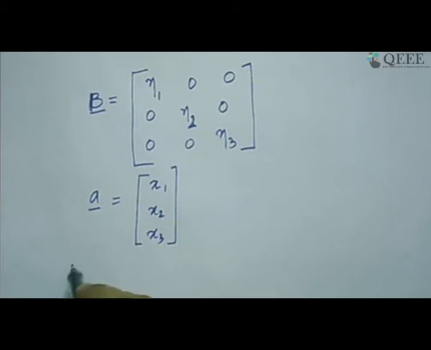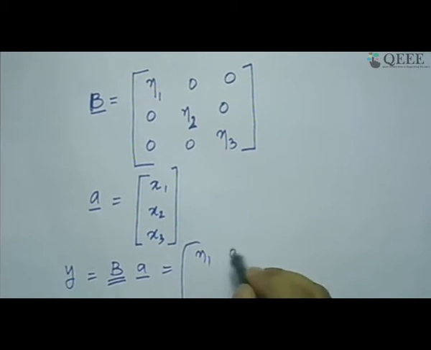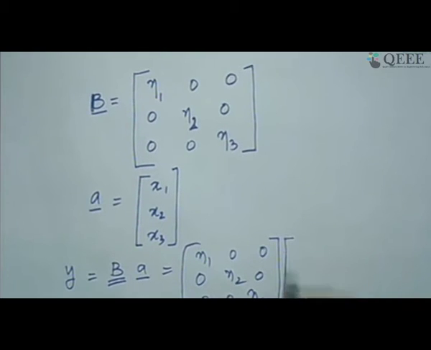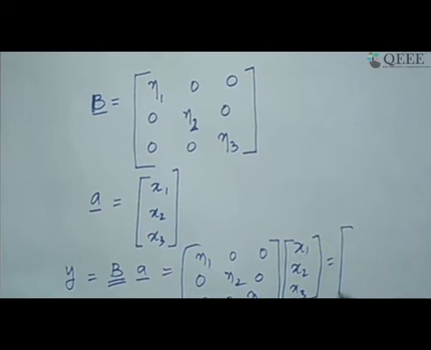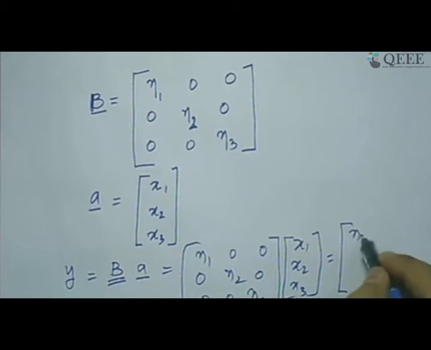Let me call y the vector that I get when I act B on the A vector. So what do I get? I act eta 1, 0, 0; 0, eta 2, 0; 0, 0, eta 3 on x1, x2, x3. So I get the components of the y vector as eta 1 x1, eta 2 x2, eta 3 x3.